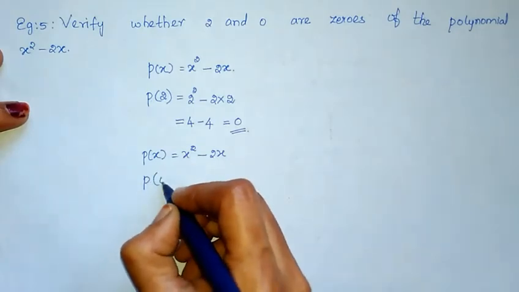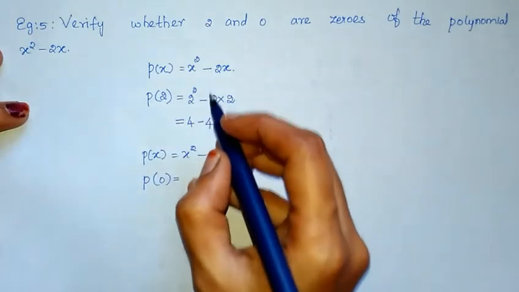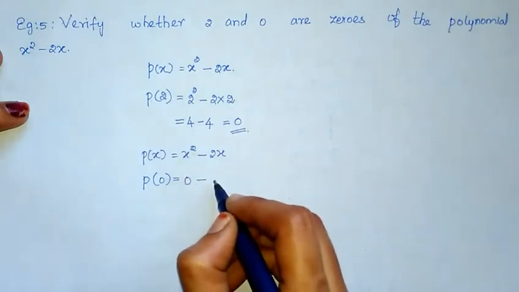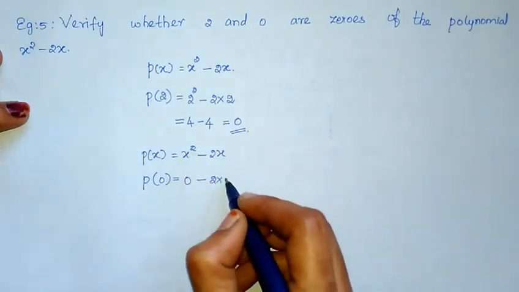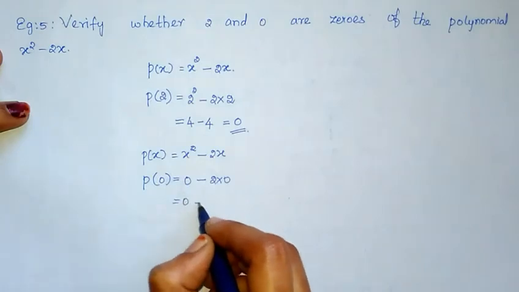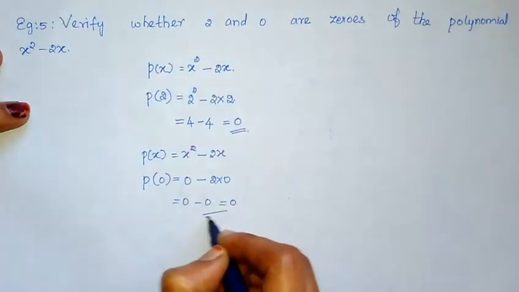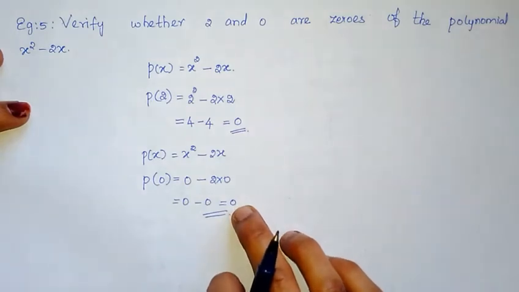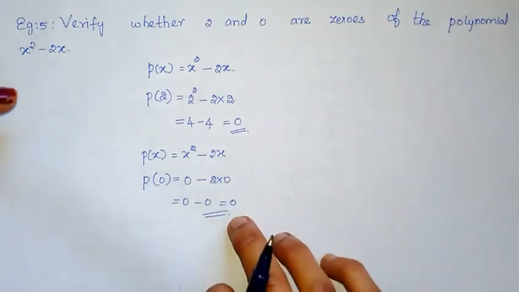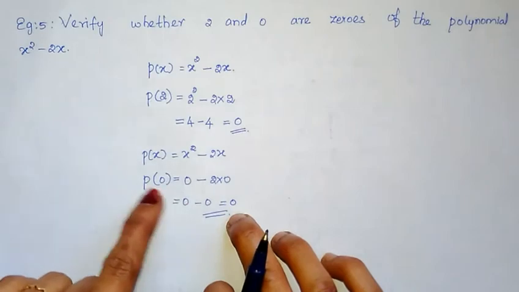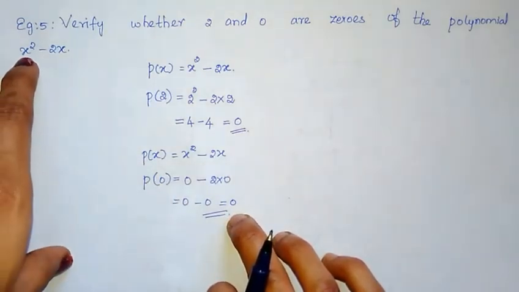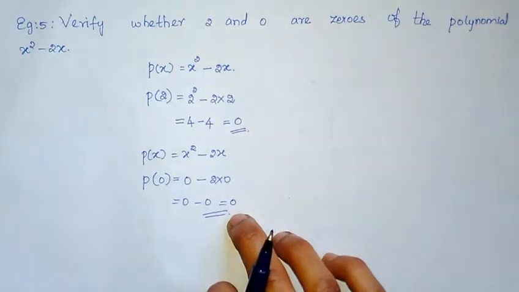So, p of 0 equal to 0 square minus 2 into 0, which is equal to 0 minus 0 equal to 0. Here also we got the value as 0. So, from this we can say 0 is a zero of this polynomial x square minus 2x.